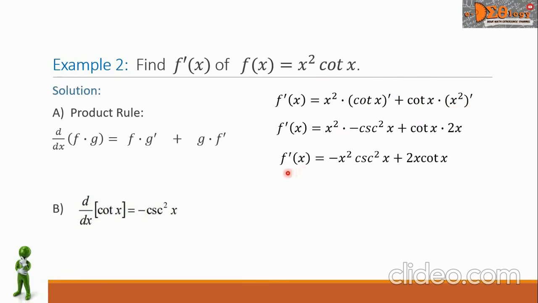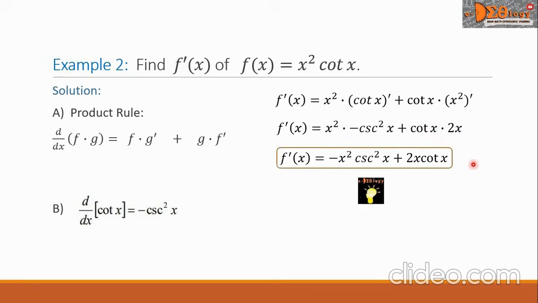So we write f prime of x equals negative x squared cosecant square x plus 2x cotangent x. Take note that the x here is a polynomial function, while the x in here is the angle of the cotangent. So we cannot put them together. This is our final answer.